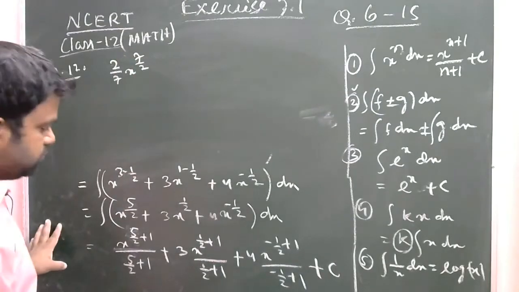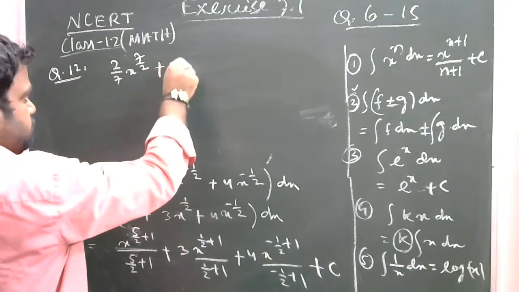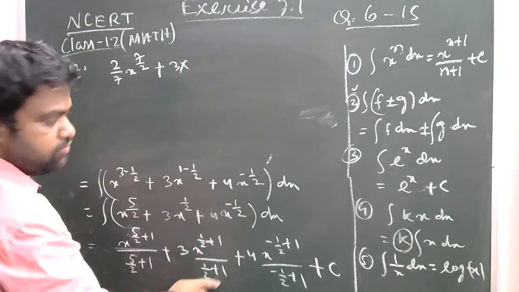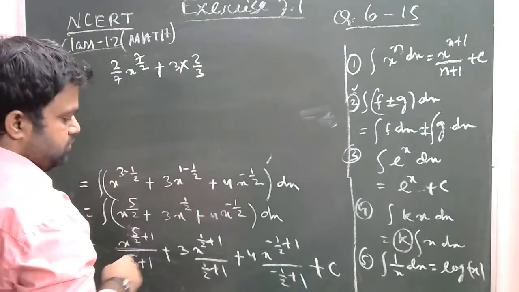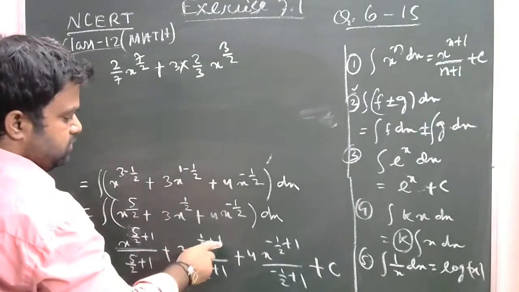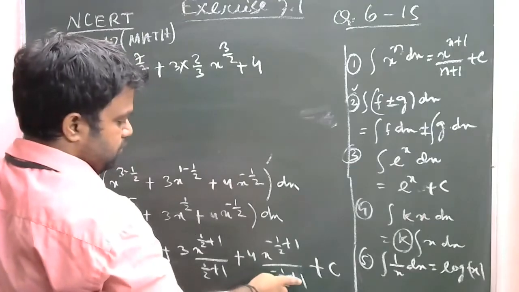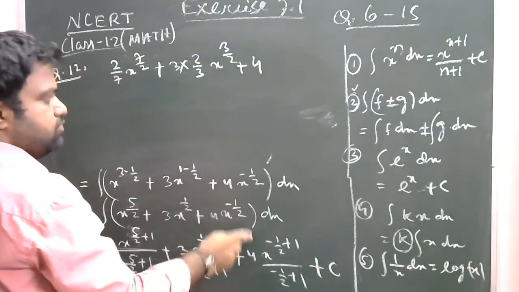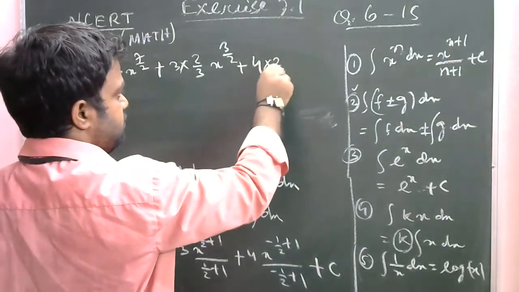In the next problem, I'll do it directly, okay? So this is 3 into, half plus 1 is 3 by 2. If I take it to the numerator, it will become 2 by 3, x to the power 3 by 2. Half plus 1 is 3 by 2. 4 into, 1 minus half is half. If I take it to the numerator, it will be 2 by 1.